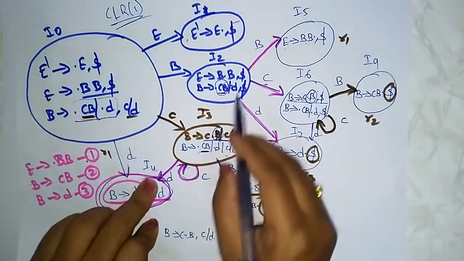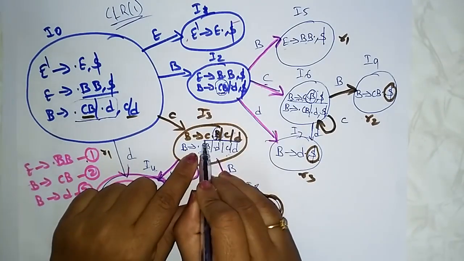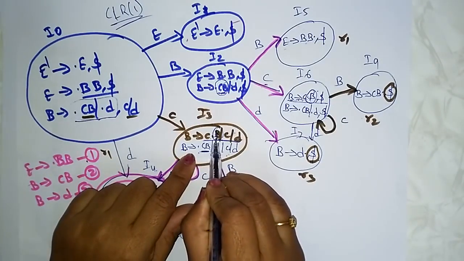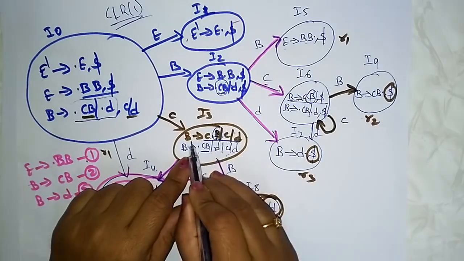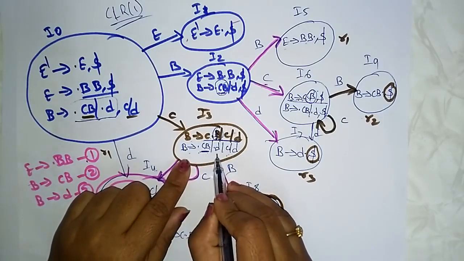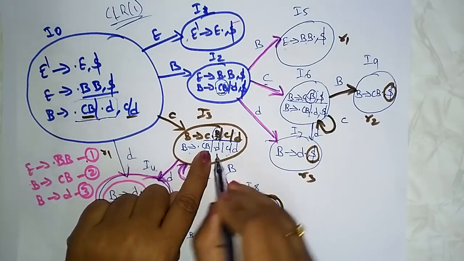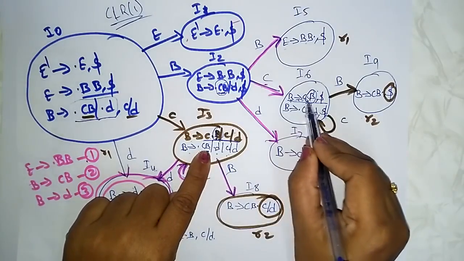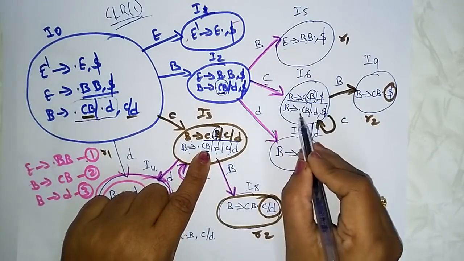Now check I3. Here the productions are B determines C dot B and B determines dot CB. Only check the productions, not the look ahead value. And I6 is having B determines C dot B and B determines dot CB.